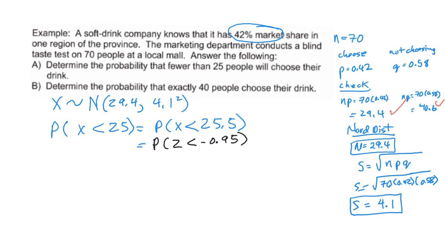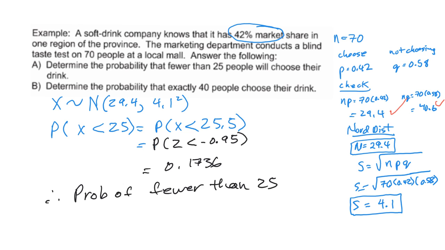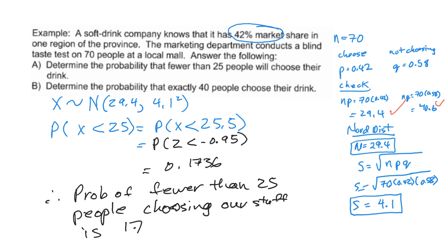And then when we refer to our z-score table, we have this probability, which equals 0.1736. So therefore, the probability of fewer than 25 people choosing our stuff is, let's say, about 17%.